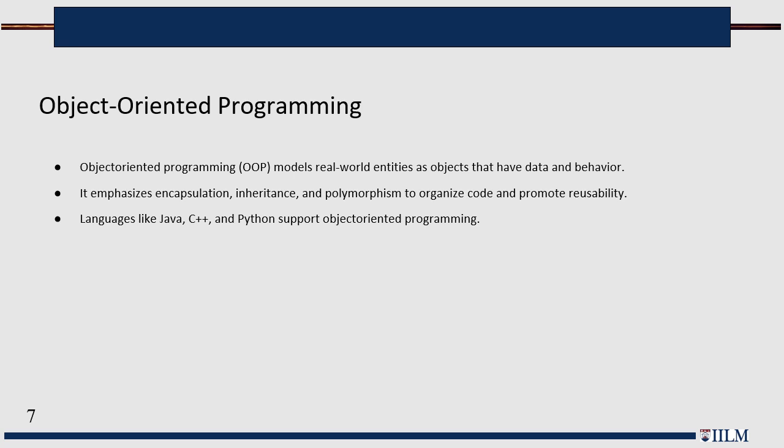So if we take a car, the car has its own characteristics, its own data, and the car behaves with its own behavior. If we take a truck as an object, it has its own data and its own behavior. That's why it is said that an object has its own data and its own behavior.